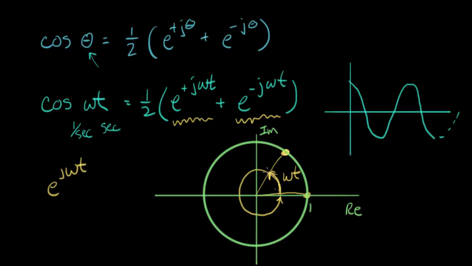It keeps going around again, and this goes along for as long as time goes along. So here's this complex number moving along the unit circle in time over and over and over again. So this is a number that is rotating. The number is rotating. So I can write here e to the j omega t, and because time's up here, I know it's rotating in time.